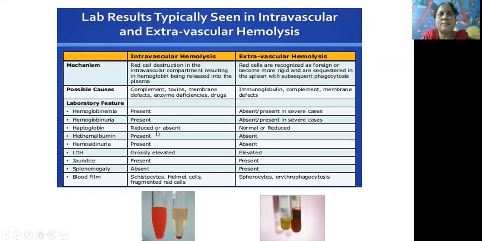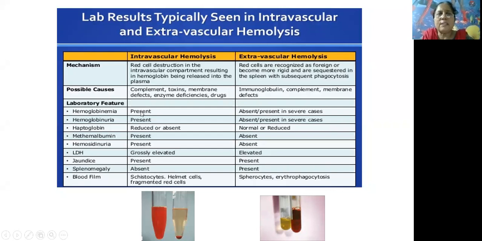So intravascular and extravascular mechanisms: intravascular is within the vascular compartment, where the red cell is destroyed. Here it is in the macrophages. Causes can be toxin, membrane defect, enzyme defect, or drugs. Here it may be a membrane defect or an RBC defect.